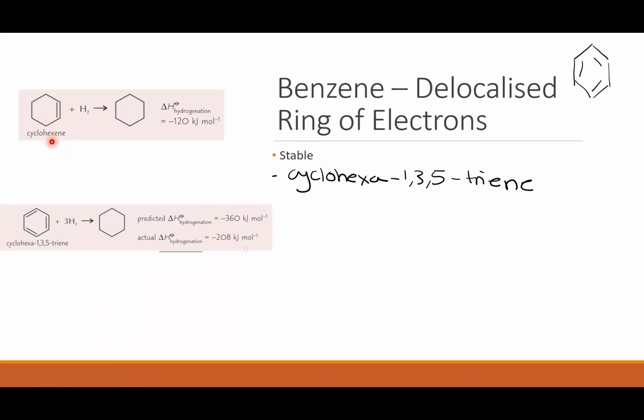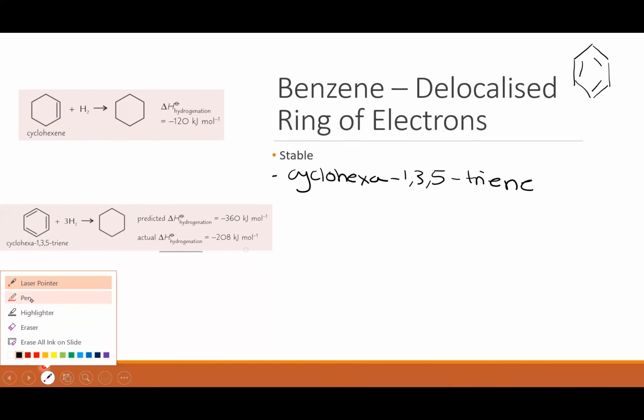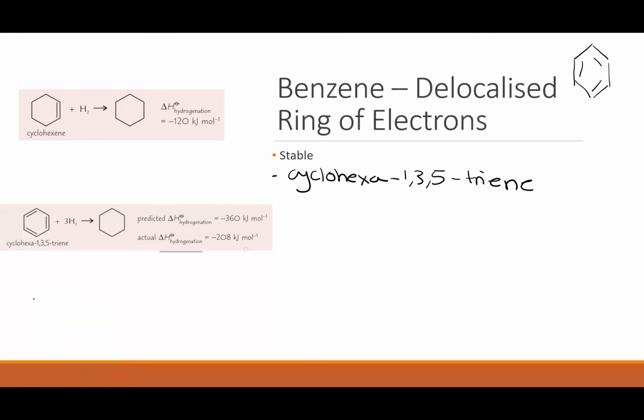So when it's hydrogenated, the enthalpy change is minus 120 kilojoules per mole. If benzene had 3 double bonds, we would then expect benzene to have an enthalpy change of minus 360 kilojoules per mole. So this is our predicted value for benzene if benzene had 3 double bonds.